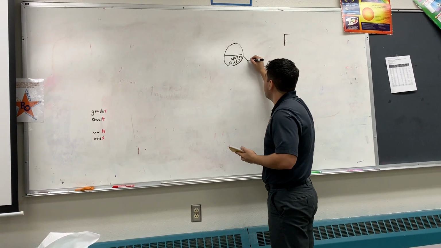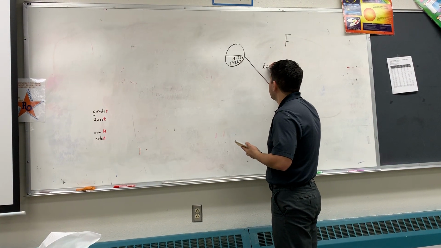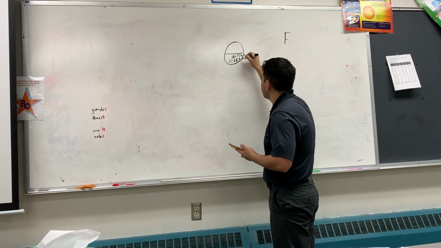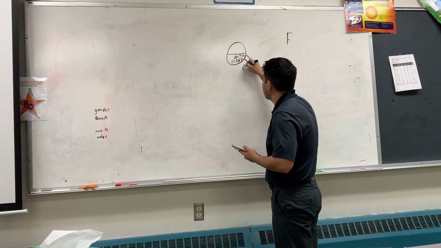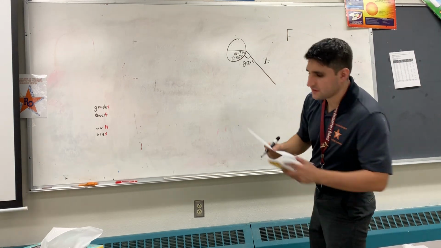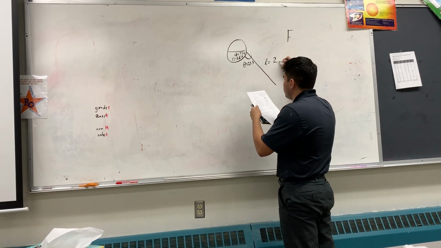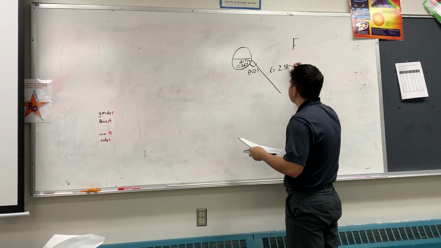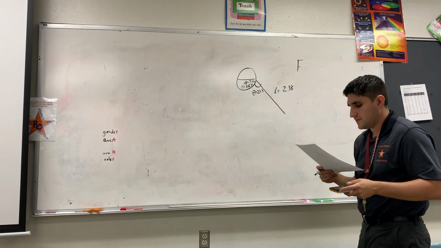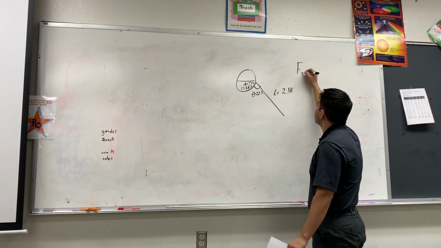We have a chain. It has a length L, and we have a theta here of 21.1. The length is 2.18. So I want to set up this problem.